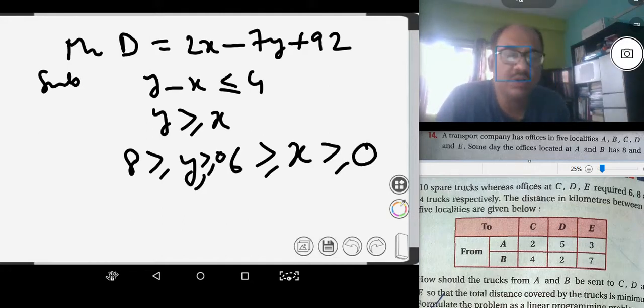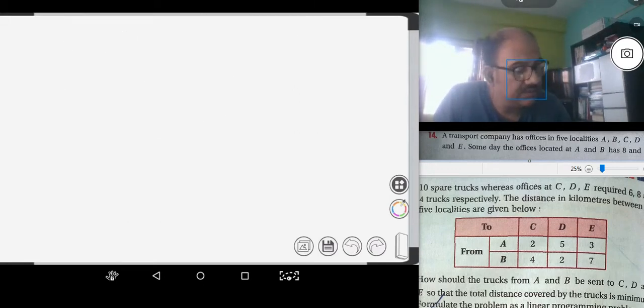So these are my conditions. If you plot the graph, it will be like this. So let's plot the graph.